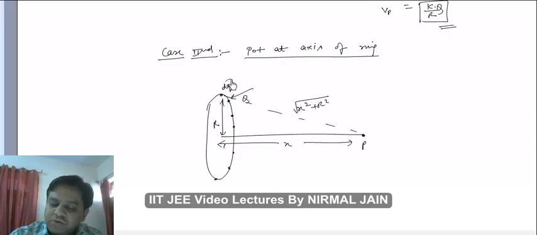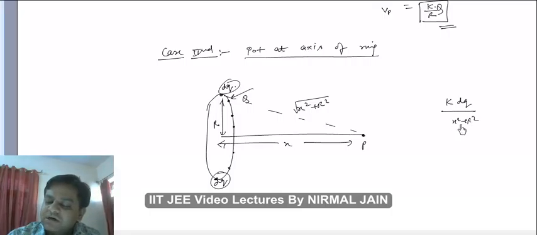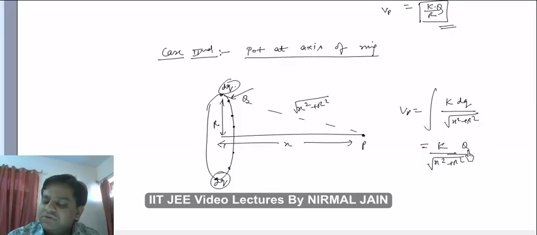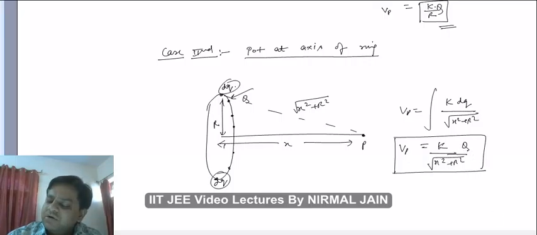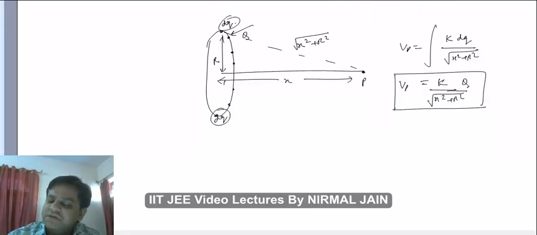So the potential due to this dq, or in fact any other dq, can simply be written as k dq by square root of x square plus r square, and its integration. So k is constant, root of x square plus r square is constant, integration of dq is simply q. So this will be the potential at a point on the axis of the ring which is at distance x.